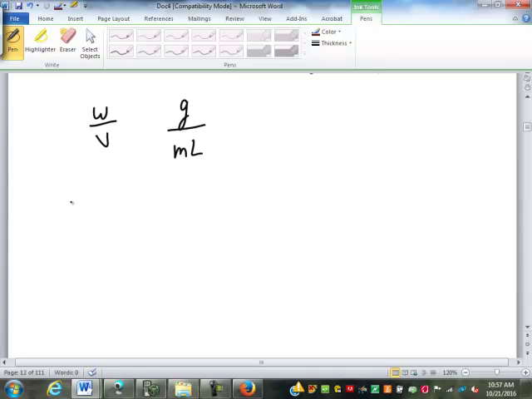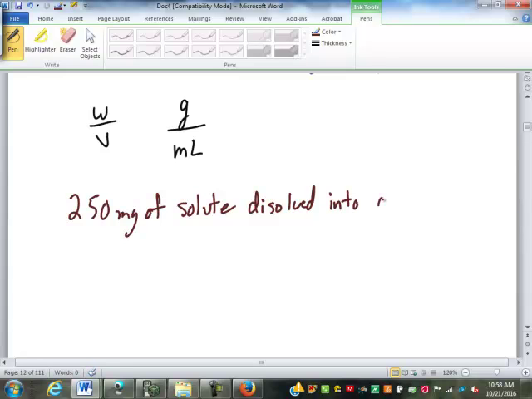So let's say we have 250 milligrams of our medication dissolved into a total volume of 50 milliliters.